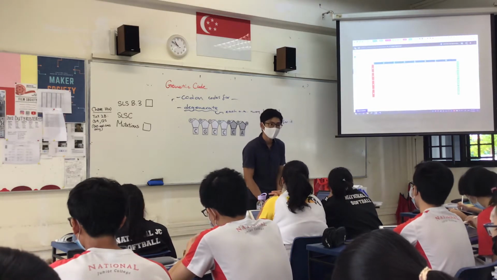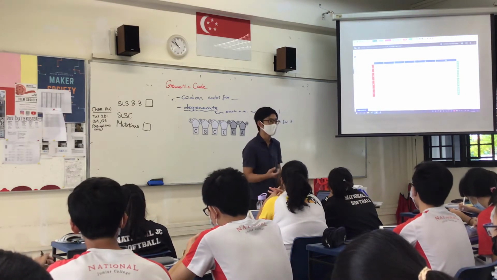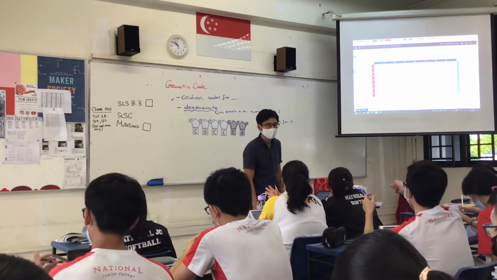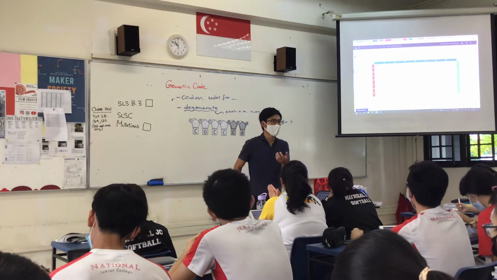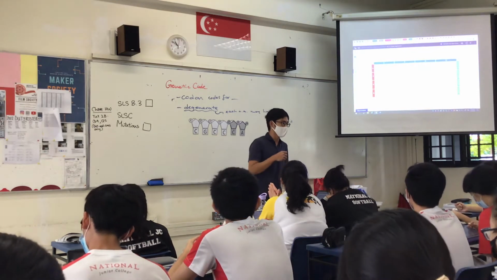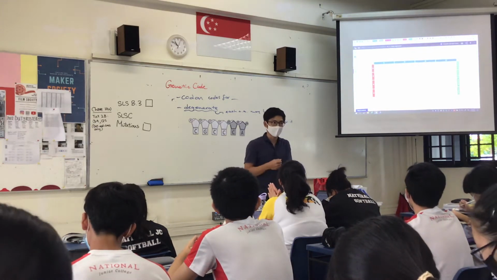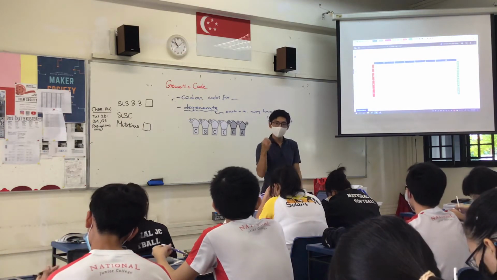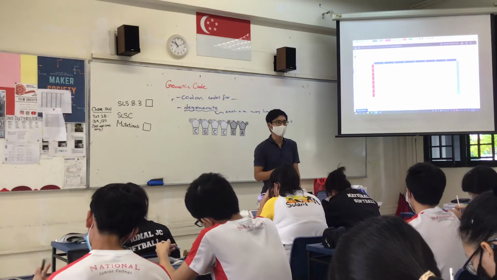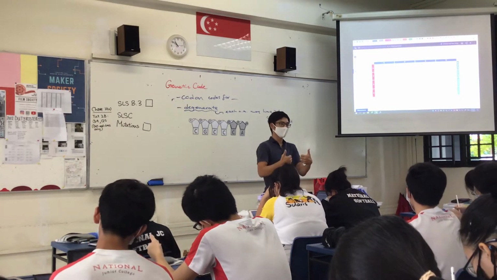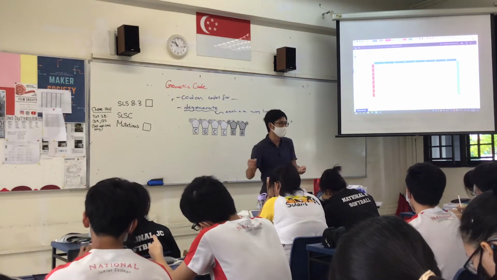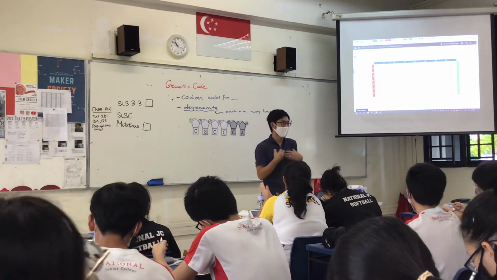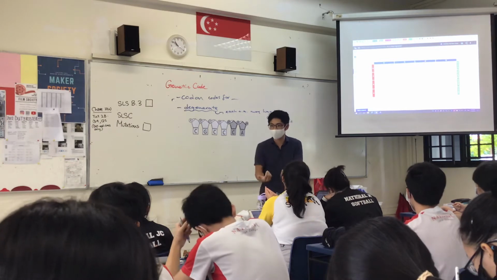Less chances of mutation. Then let's define mutation. What is mutation to you? One of the bases changes. Well defined. A mutation is when a base changes, right? So by having a degenerate code, if the third base changes, it may not necessarily change my amino acid. And that's pretty good, right? Sometimes when you write a sentence, you may accidentally swap out a letter or two, but I can still tell what the word means.